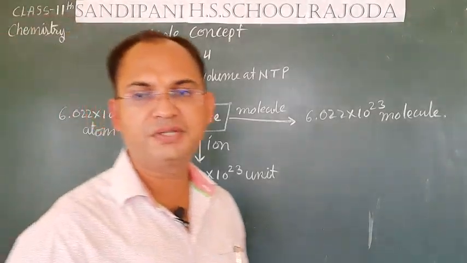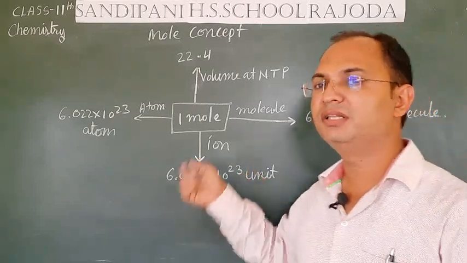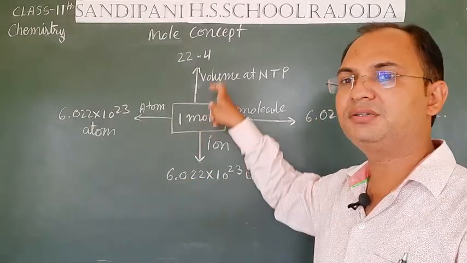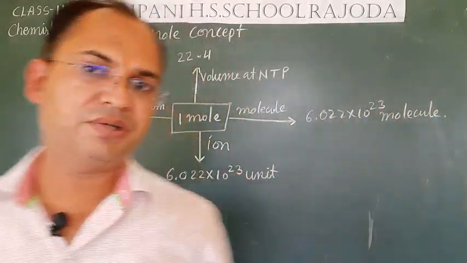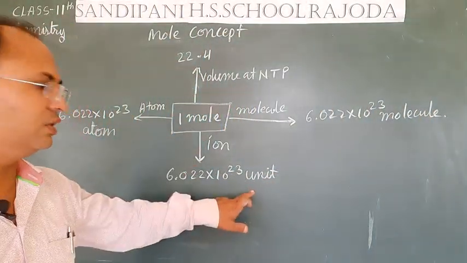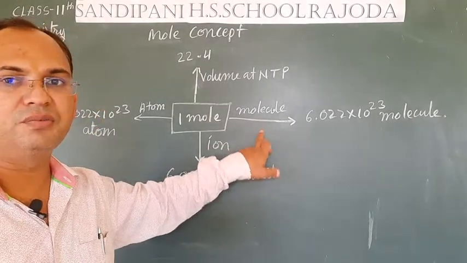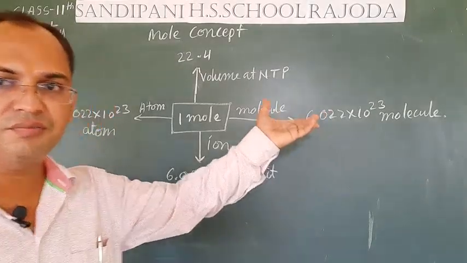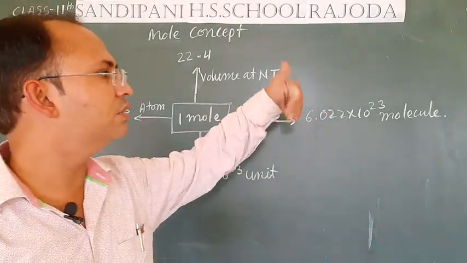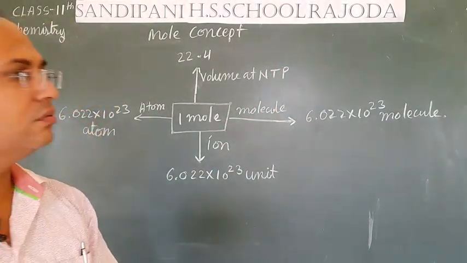Here, if we revise these relationships at a glance, then we see that this 1 mole is related to 4 things: the number of ions equal to this number, the number of molecules equal to 6.022 into 10 to the power 23, or it is also equal to its molecular formula mass, or we can say molecular mass.